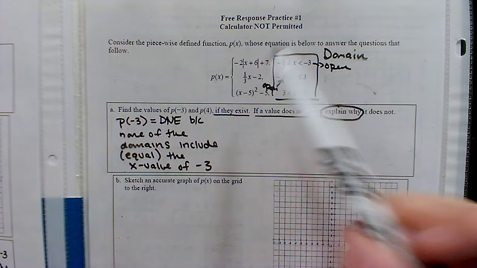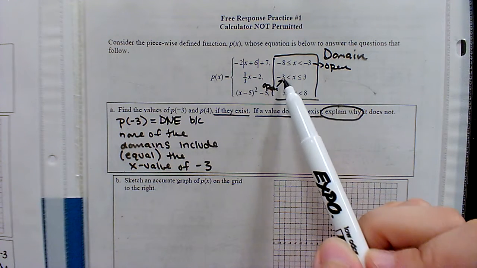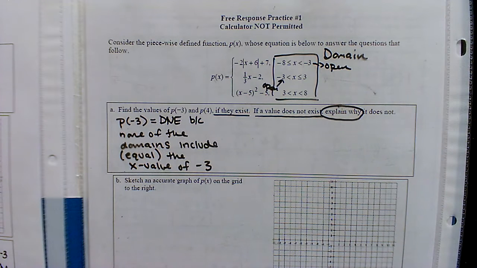Some of you may say the first equation has an open circle at -3, the second equation has an open circle at -3, meaning there's no closed circle, so the point doesn't exist. There's multiple ways or phrases you can use for your justification. I'm just looking for some explanation.